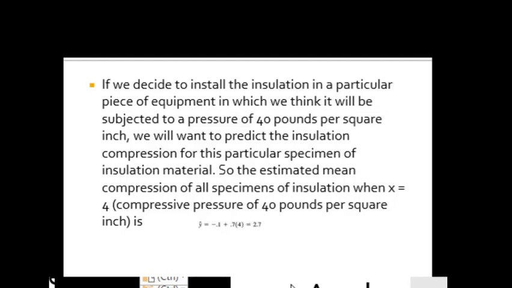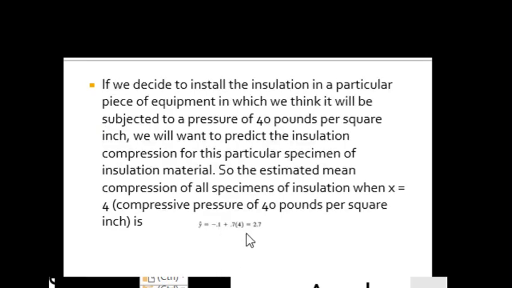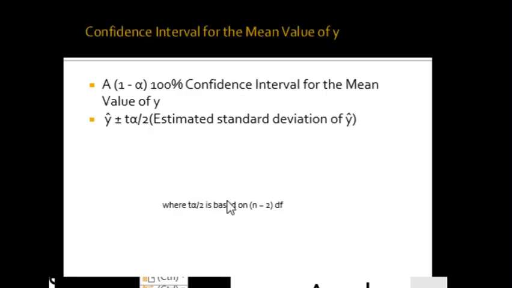The first is called the confidence interval for the mean value of y. Basically, we take y hat, the estimated value using the model, and then use the distribution of y hat to come up with the confidence interval for the mean value of y.